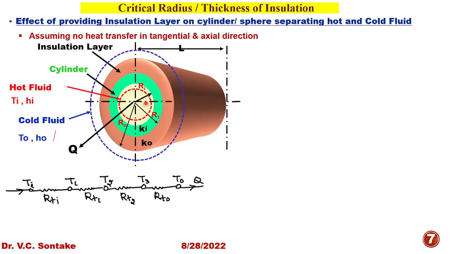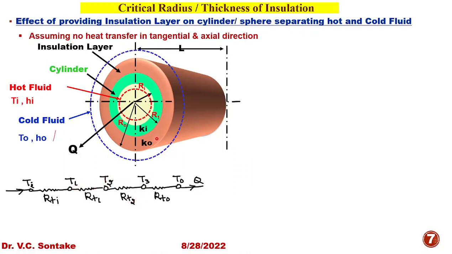The thermal circuit for this entire arrangement can be shown as shown. RTi is the convective thermal resistance offered by the hot fluid film between the temperature Ti and T1. RT1 is the conductive thermal resistance offered by the cylinder material between the temperature T1 and T2.